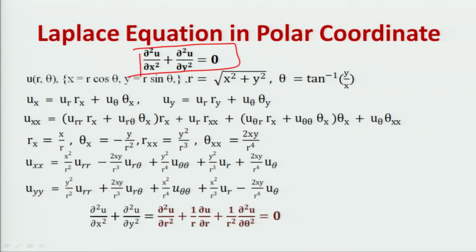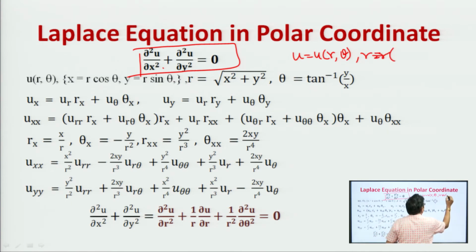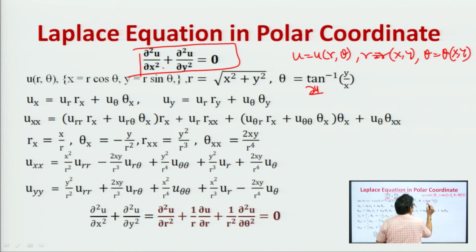If we try to convert this equation to the polar system, we must use the concept of partial differentiation. Here u is a function of r and theta, and r is a function of x and y, theta is a function of x and y. Now, what is del u upon del x?